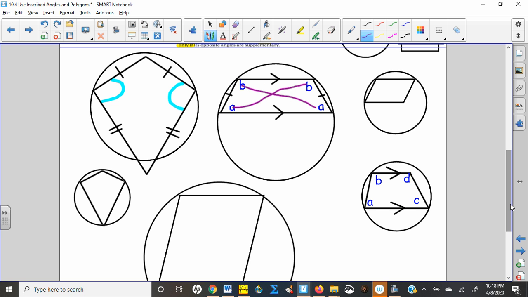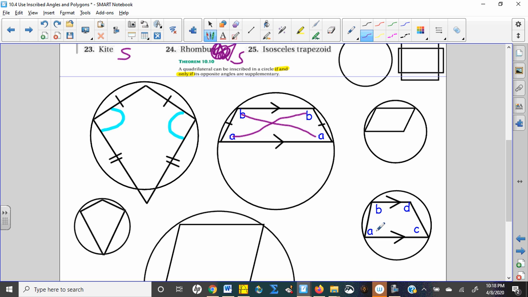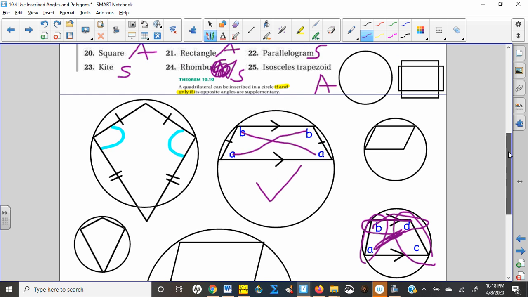We know that these are always supplementary, but that doesn't mean that these guys are supplementary. Only if these are equal could it actually be supplementary. If A plus B is 180, A plus D can only be 180 if B is equal to D, which is why it only works for isosceles. So, for isosceles, it would be always. So there you go.